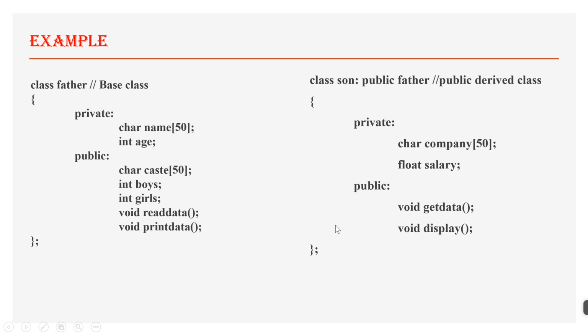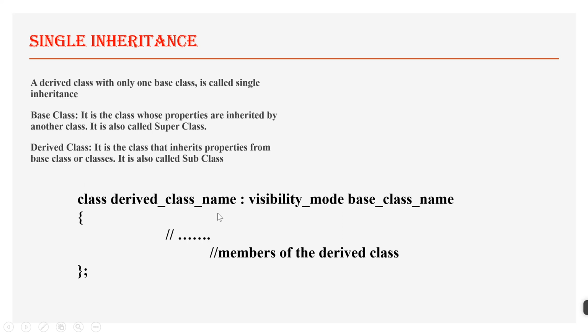Now, as I mentioned, for example, I define a father and I define a son, where father is a base class, son is a derived class. How do you come to know? See, class father, whereas class son, public father, class derived class name.